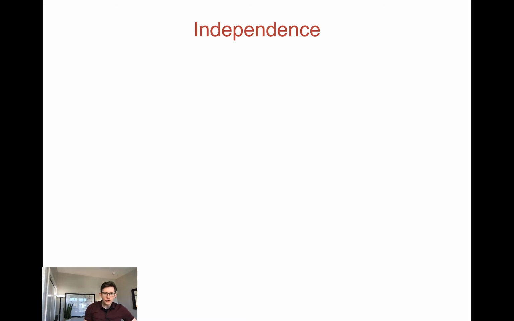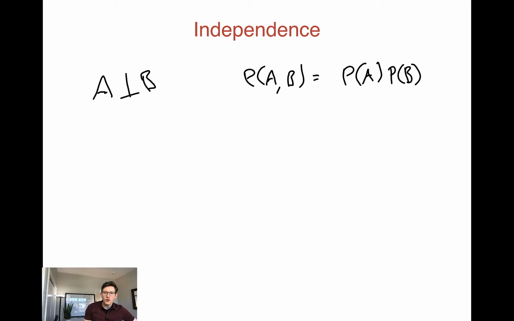We say that two random variables, A and B, are independent, and we write it like this: A independent B. We say that if it's the case that probability of A, B equals probability of A times probability of B, or equivalently, the probability of B given A equals probability of just B. Okay, so that's what it means when we say that two variables are independent.